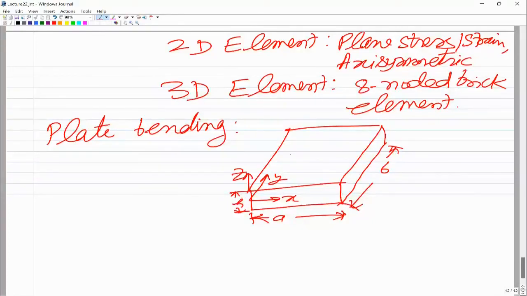In the case of plane stress, plane strain, the loading was along x and y. So whether it is the body forces or the boundary forces, they are all along x and y. Now in the plate bending case, the loads which are there are in the transverse direction. So let us say there is a force in the transverse direction, that is q. So this is the problem we are talking about.